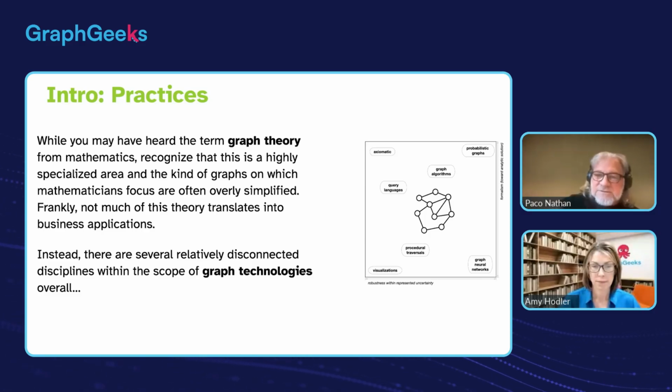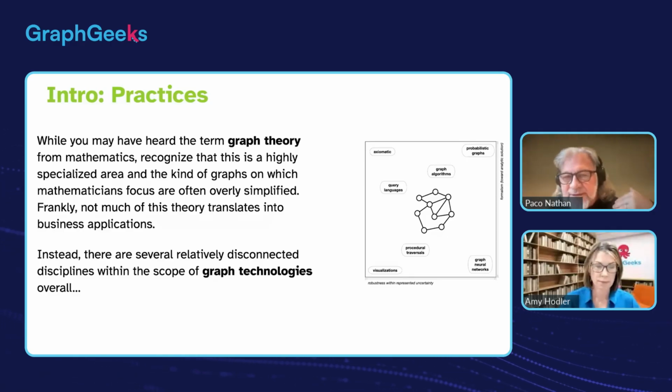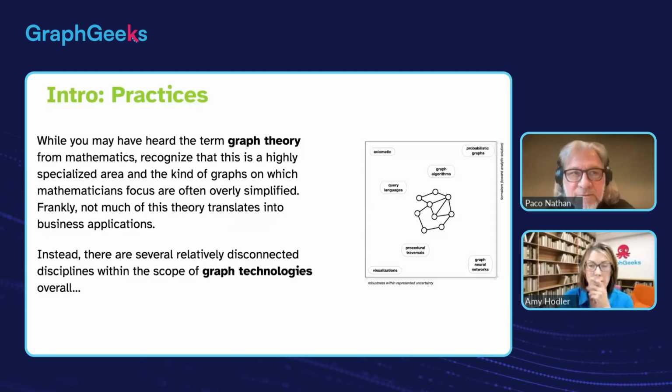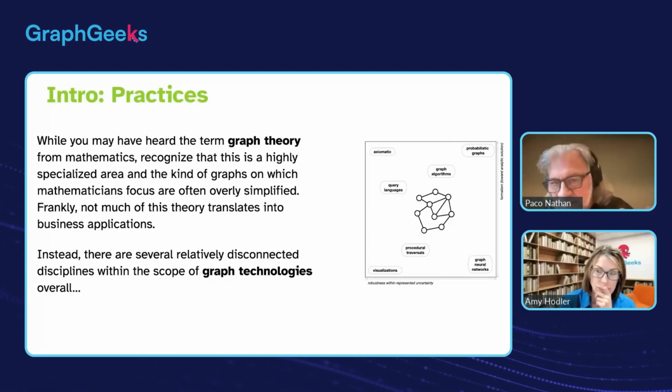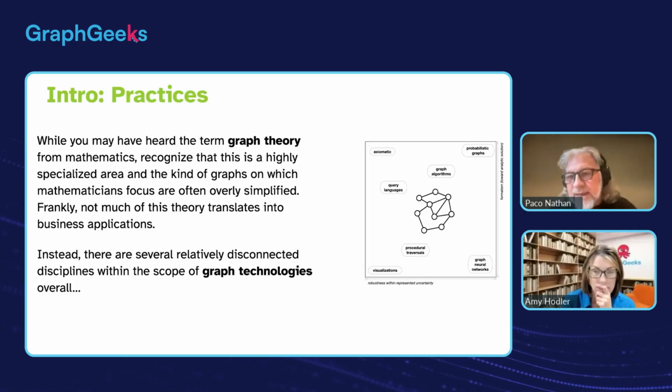I've got an illustration here where I'm showing, in the top left, there's a lot of work on, say, axiomatic approaches, and what can you do with formal reasoning on top of a knowledge graph. And if you look at the W3C stack, there's a lot of that kind of work. But then over on the top right, we've got probabilistic graphs, and we can talk about statistical and relational learning, and there's an enormous field there.